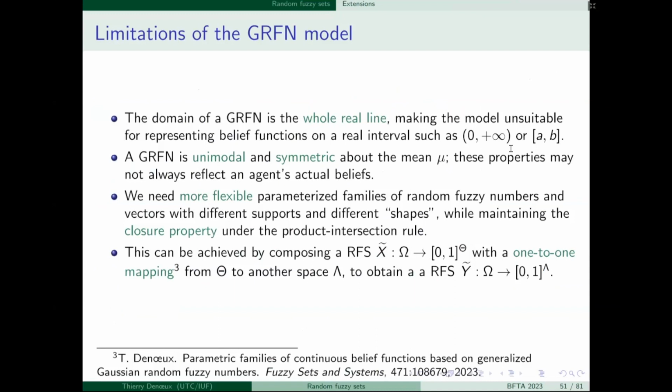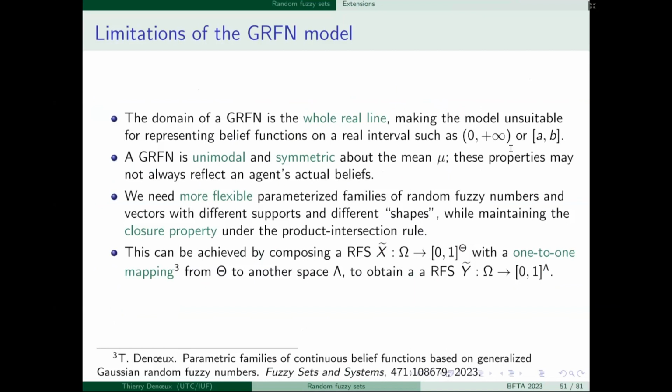So I started to think, and indeed, there are some assumptions. The Gaussian fuzzy number assumes unimodality and symmetry. Actually it would be nice to have more flexible parametrized models of belief functions or random fuzzy numbers, which could have different supports and shapes.